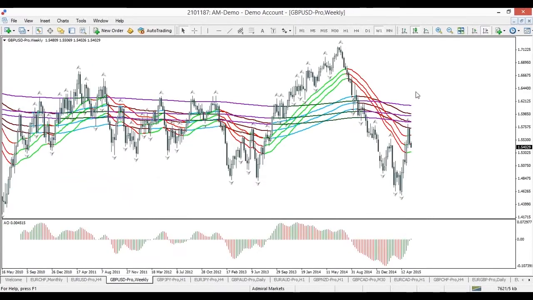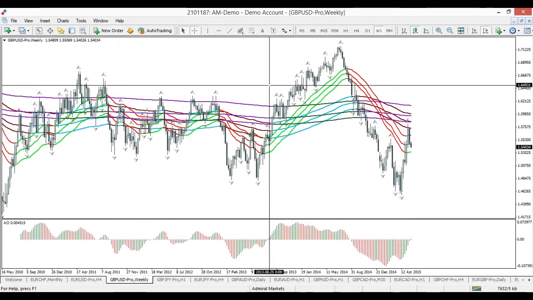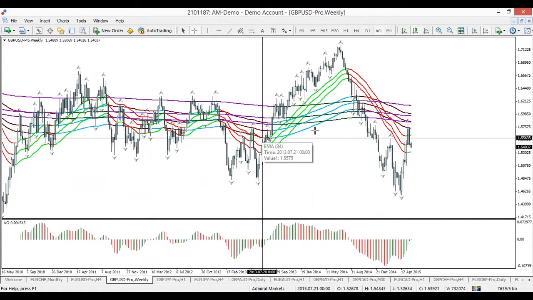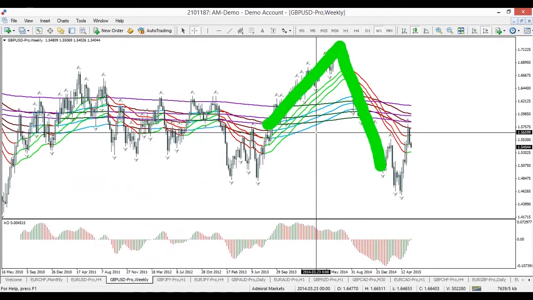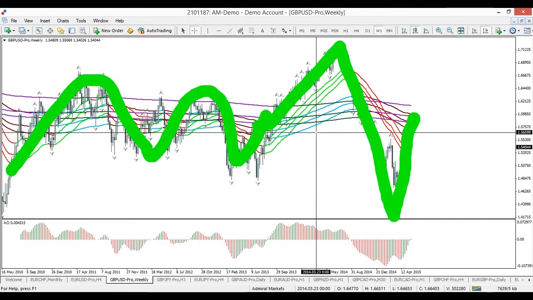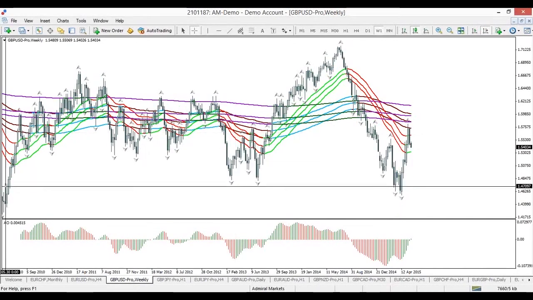the pound dollar retraced. This is a whole mess on the weekly chart. You can see that there is really no trend on the weekly chart when the moving averages are this bunched up, and when price is trying to break, but then it goes like this. It's kind of like, as I call it, a heartbeat, right?